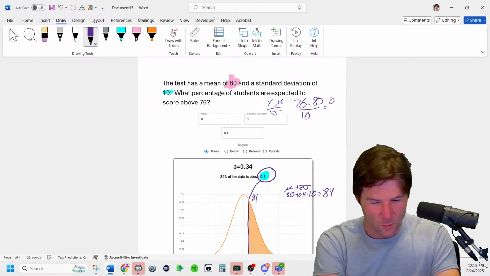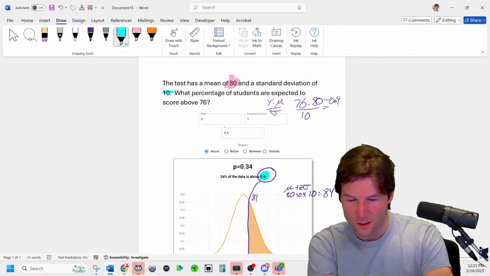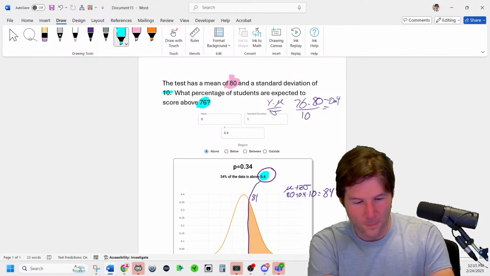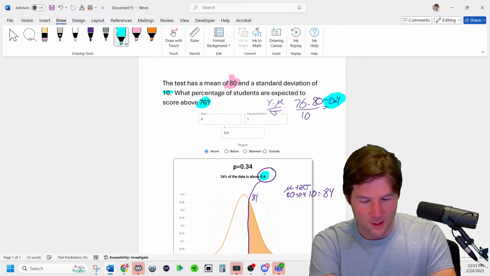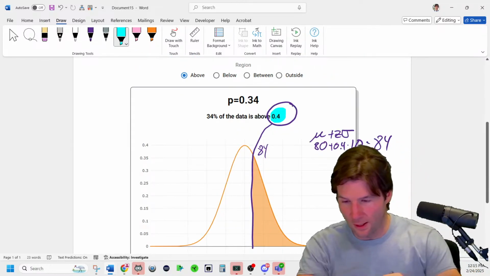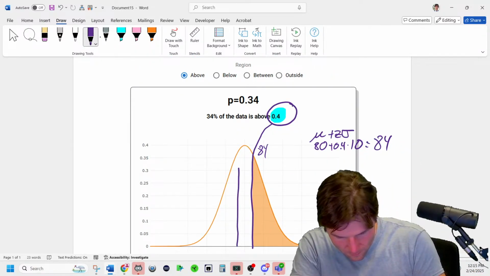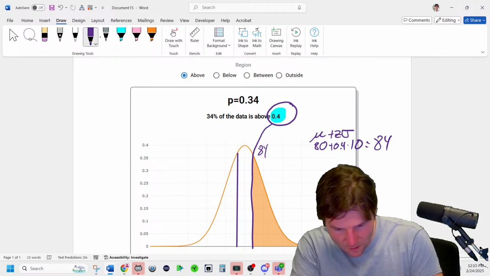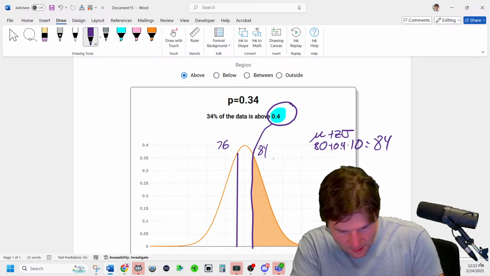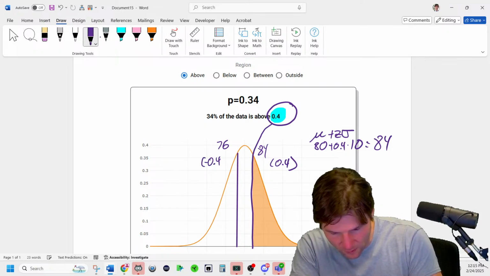Find the z-score, and what do you notice? 76, which is what we're looking for here, is down here. And this is negative 0.4.